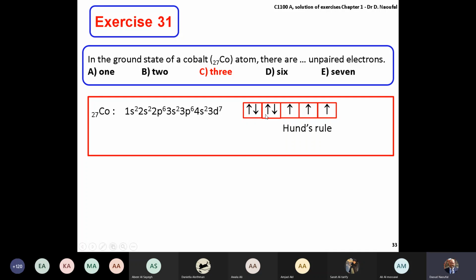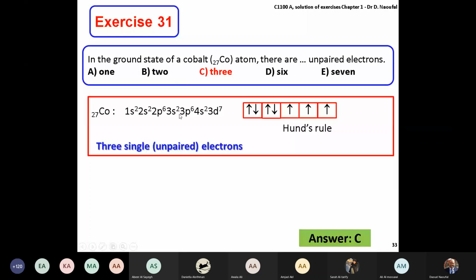We fill 1, 2, 3, 4, 5. Then we redo the cycle 6, 7. So according to this box representation, we have 3 unpaired electrons, 3 single electrons, and the correct answer is C.